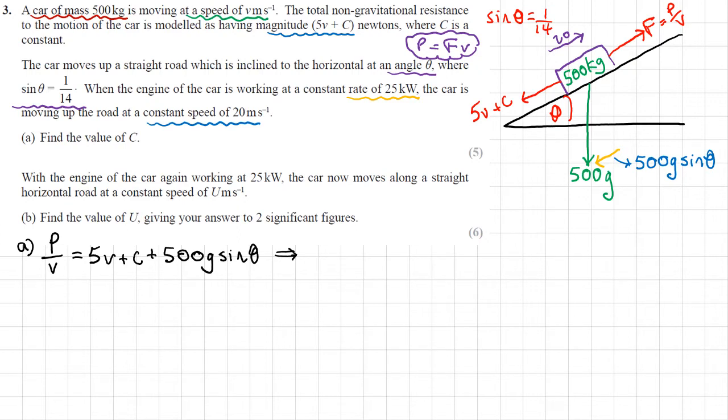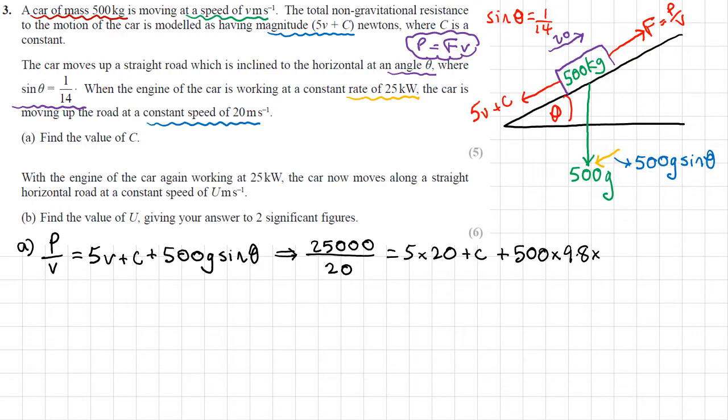Okay, so now I can put some values in. P is 25 kilowatts, and remember a kilowatt is 1,000 watts. So it's 25,000 over the velocity, which is 20, is equal to 5 times 20, so I'm looking at this bit here, 5 times 20 plus c, and then plus 500g, so that's 9.8, times sine theta, and sine theta is 1 over 14.